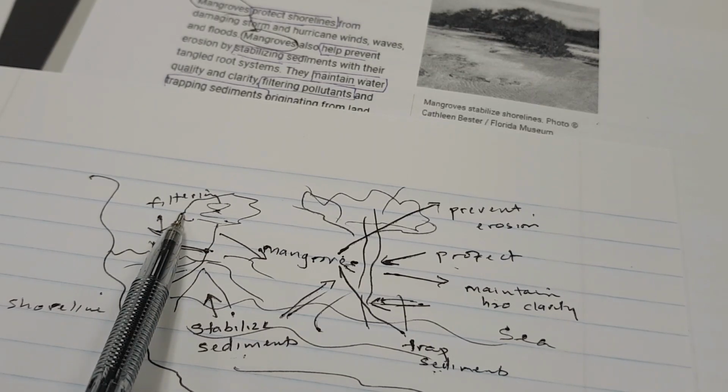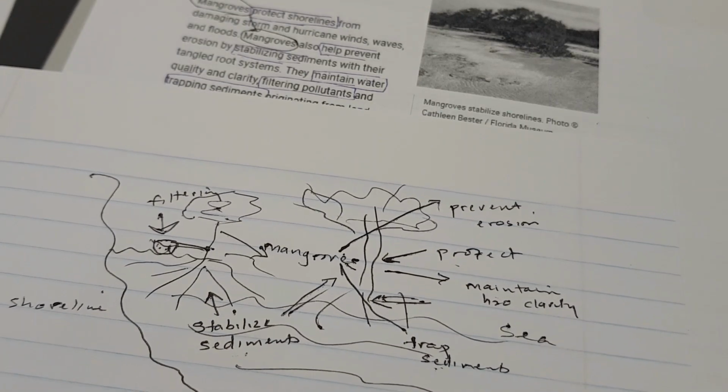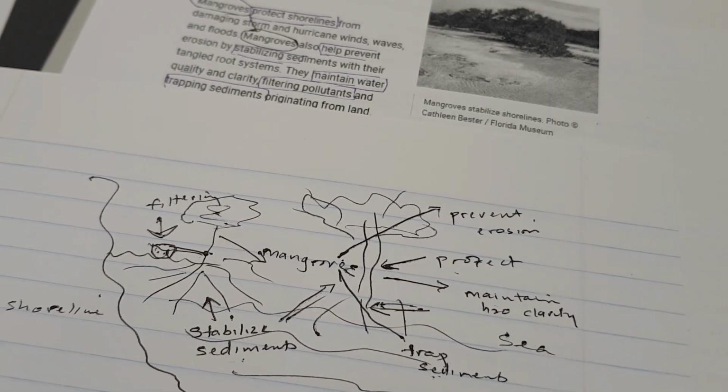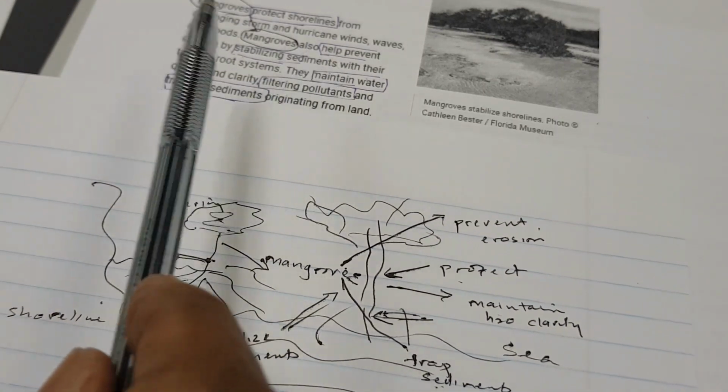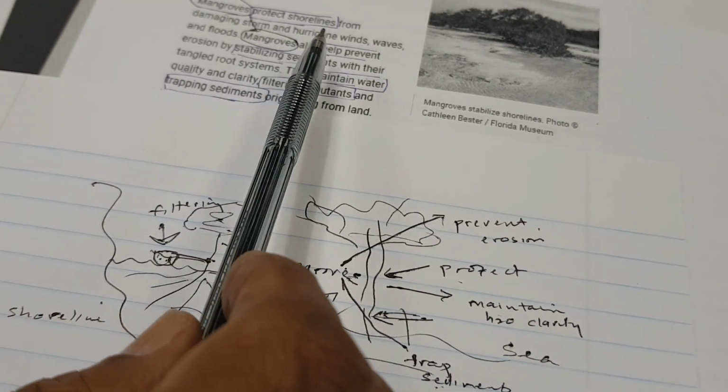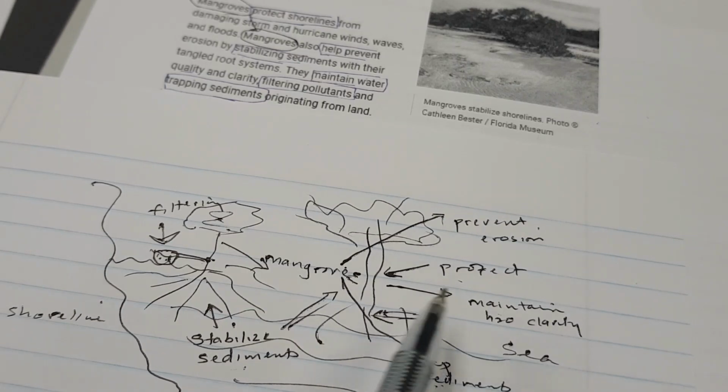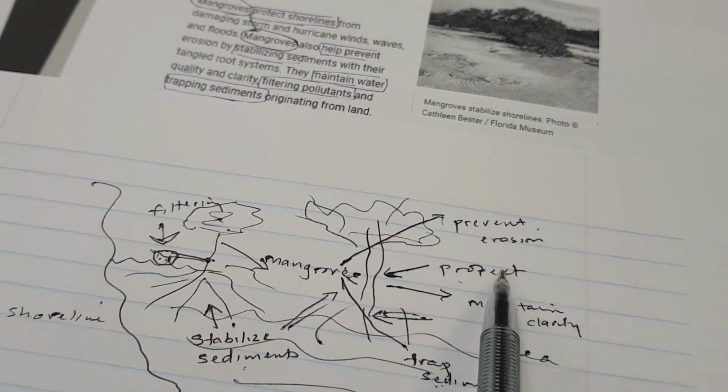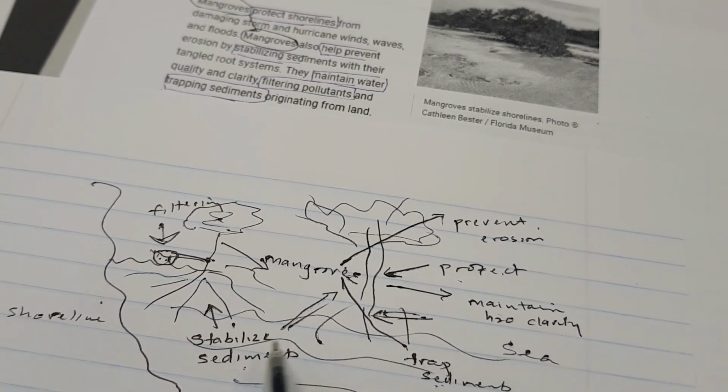So if a mangrove does all of that, and remember the topic here, it says it protects shorelines. Look at all the verbs: prevent, protect, maintain, trap sediments, stabilize, filters.